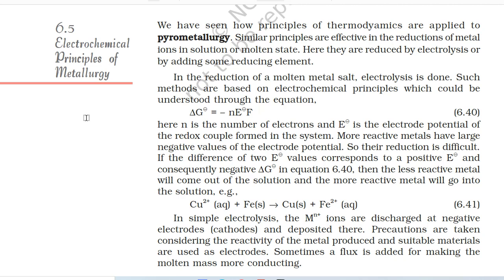If the difference of two E° values corresponds to a positive E° and consequently negative ΔG° in equation 6.40, then the less reactive metal will come out of the solution and the more reactive metal will go into the solution. For example, Cu2+ in aqueous phase plus Fe in solid phase gives Cu in solid phase plus Fe2+ in aqueous phase.